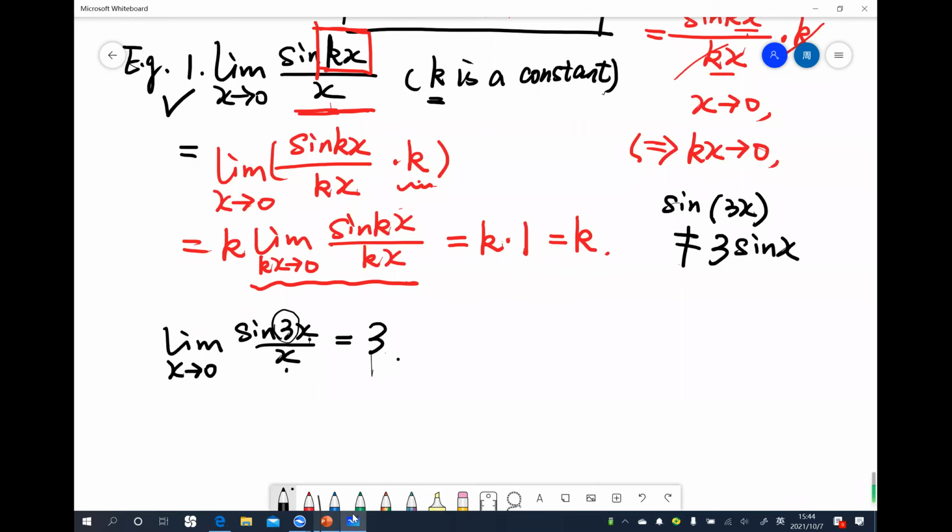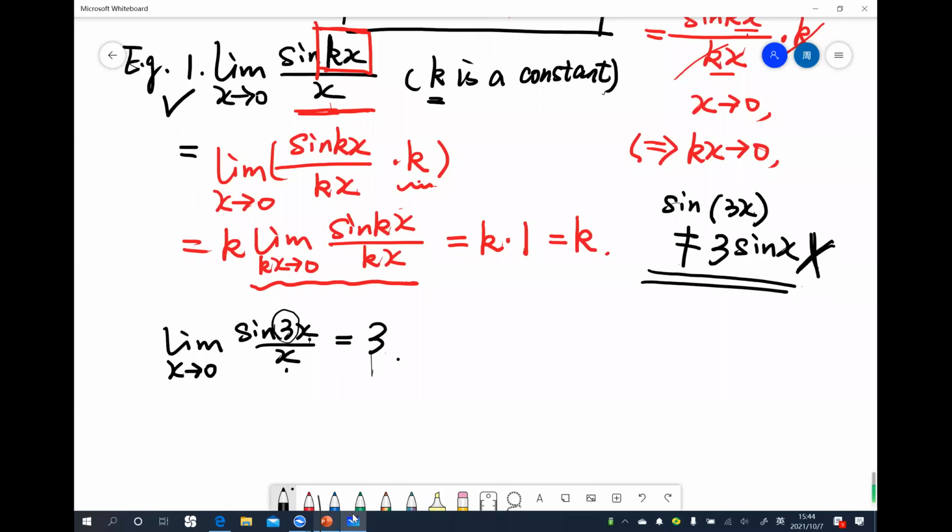But if you write like this, it is wrong. I will not give you 1 mark. This is not correct. They are not equivalent. We get the same result, but this is totally wrong.